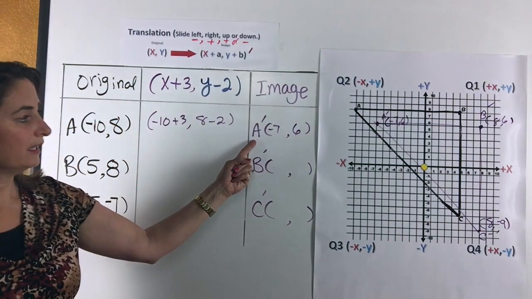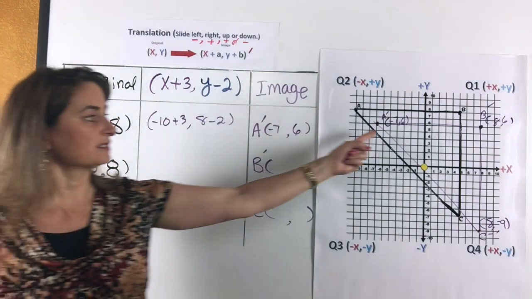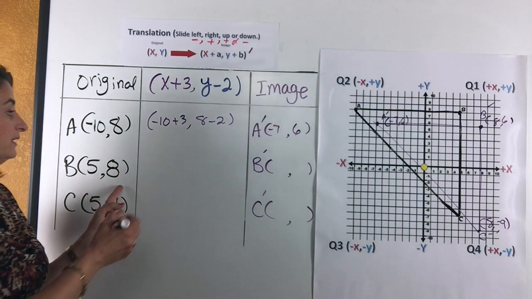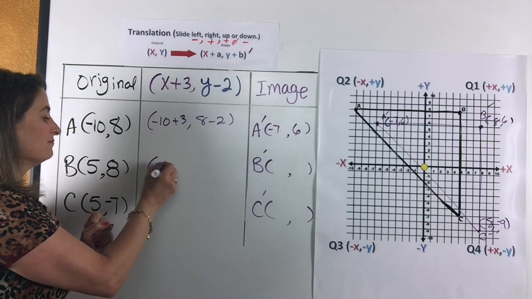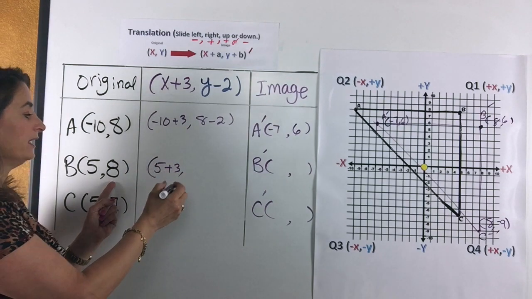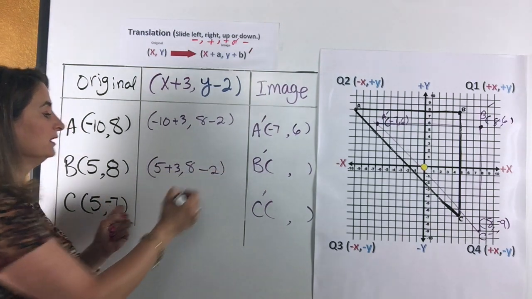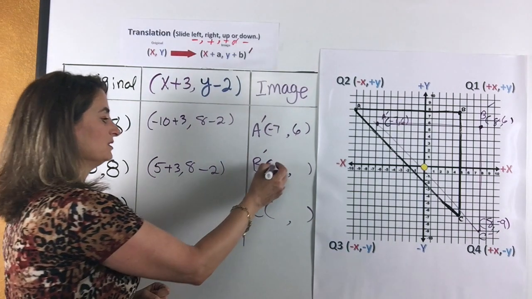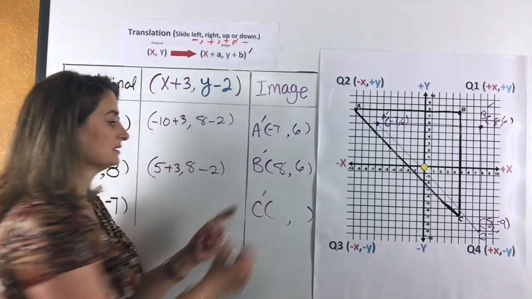Did I get A prime -7, 6? Yes. Now B, 5 and 8, so x is 5, 5 plus 3, and the y is 8 minus 2. You end up with the B prime, which is the image. 5 plus 3 is 8, 8 minus 2 is 6.